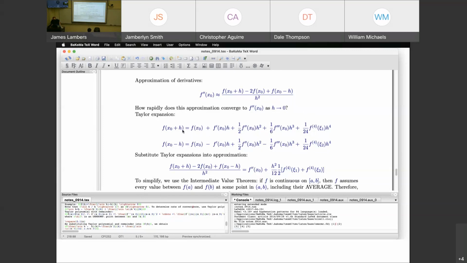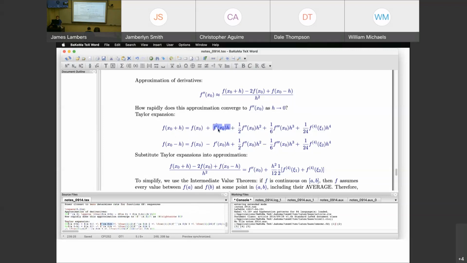So now, if I take these two Taylor expansions and substitute them into here, we have a lot of cancellation. And what remains, notice these terms here, f of x0, f prime of x0 times h, and f prime of x0 times minus h, these cancel. And these terms of order h cubed cancel as well. So what's left is this term right here.